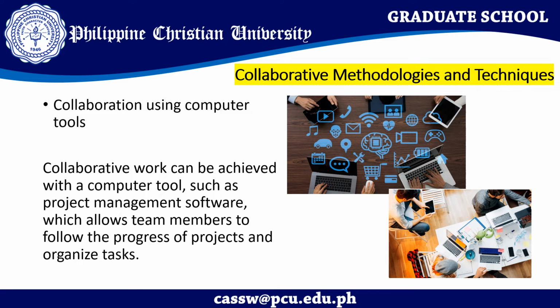Next is collaboration using computer tools. A collaborative platform allows employees to find information at any time, share documents and comment on, or annotate pulled information. Also, a collaboration tool is a form of application software that allows you to work together and share knowledge online with other users. There are many types of collaboration technology, all with different features to help you.